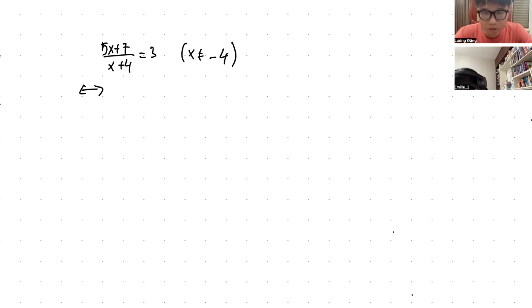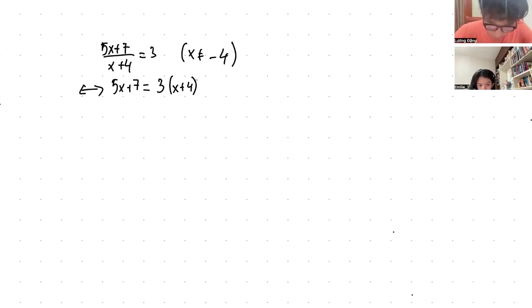So we need to apply the rules so that we get equivalent equations, right? So this equation is equivalent to 5x plus 7 equal, here.